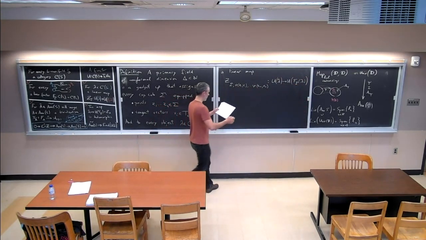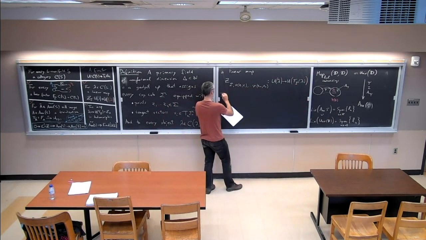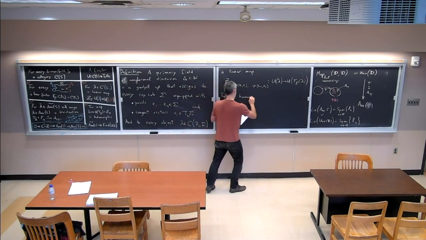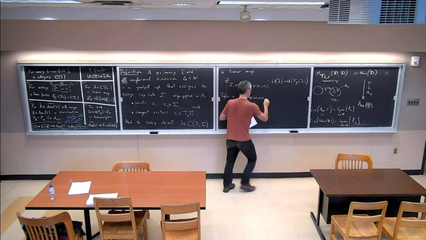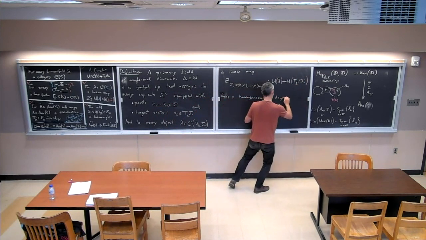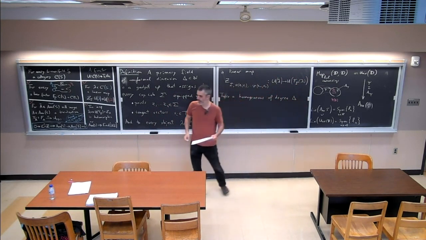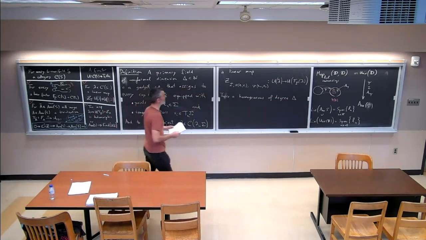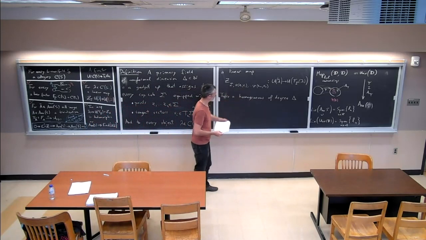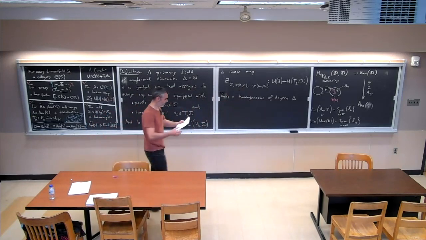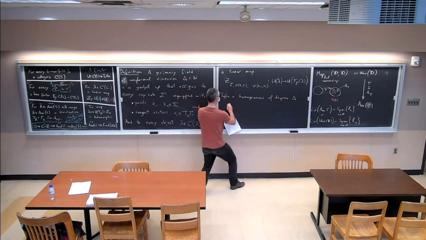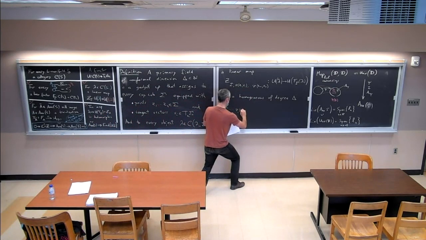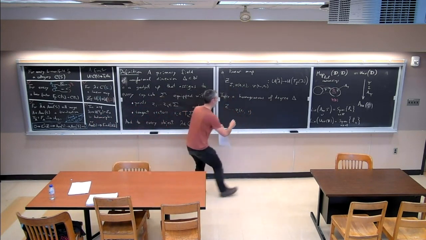Okay, some axioms. So these are homogeneous of degree delta, meaning that if I take one of these, I can write the equation. So Z sub, dot dot dot, and somewhere in the middle phi i, as opposed to writing phi i of zi vi, I write it with a scalar a put here.